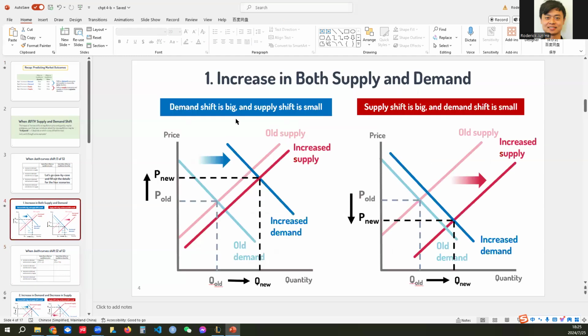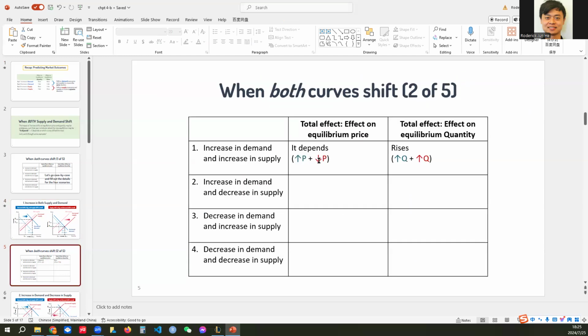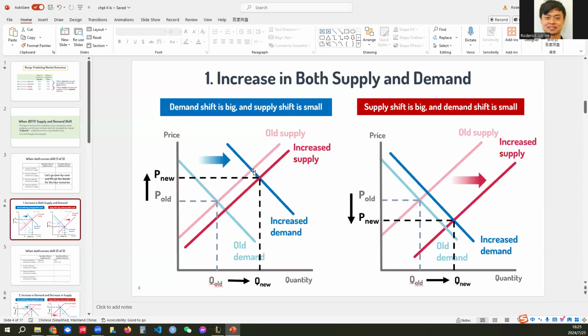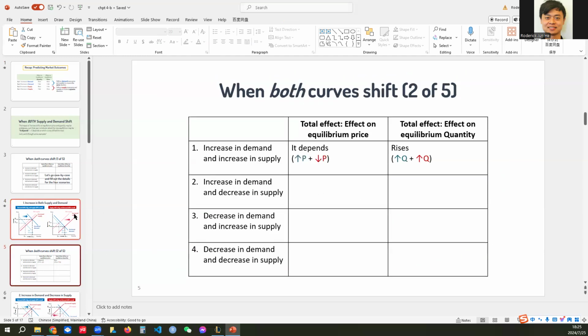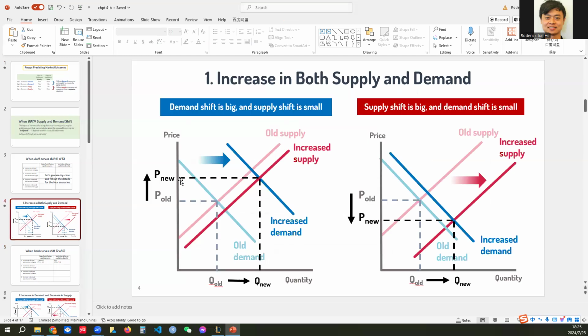So in the first case, demand shift is bigger. Then the price increase dominates the price decrease coming from the supply increase. Then the consequence is the final equilibrium price will be greater than the original equilibrium price. If it is the opposite, if the demand only shifts outwards by a little, but supply shifts outwards by a lot, again, let's focus on price.